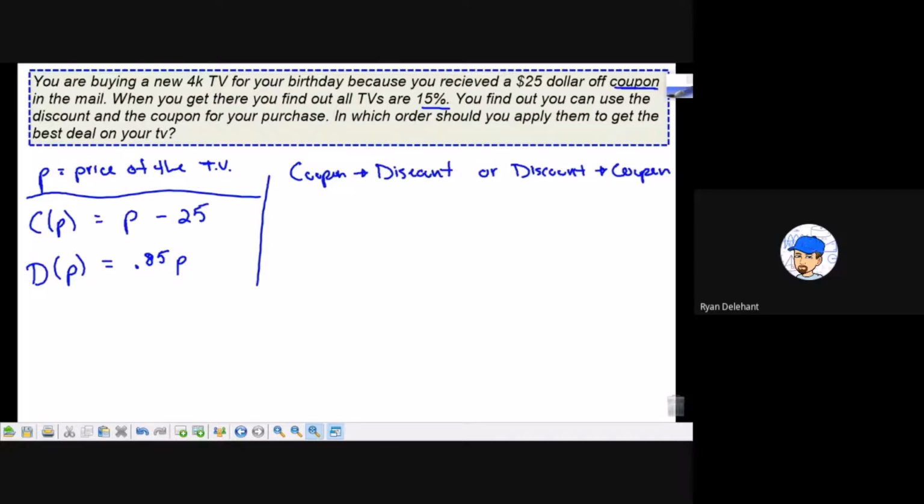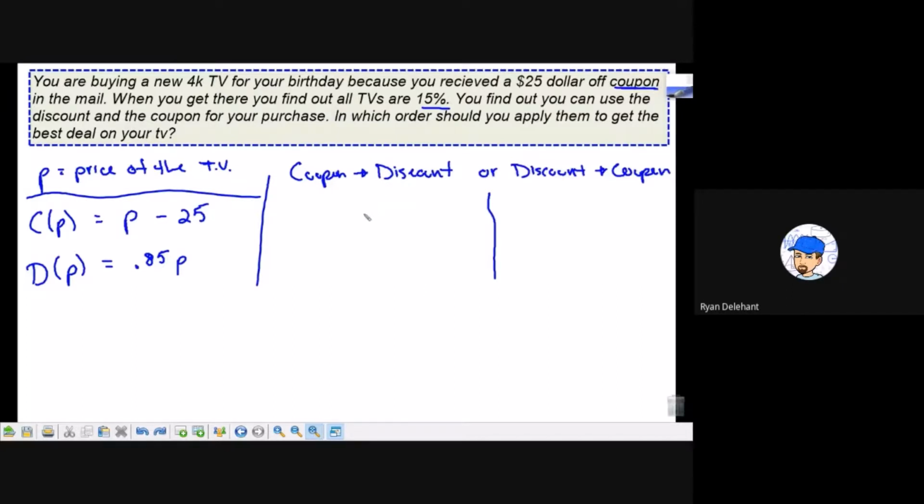Off the top of our heads, this seems really challenging, right? Because we don't know the price of the TV. So we've got to figure out, does this hold for all things? Does it work every time no matter what the price of the TV is? Or is there a certain spot where, if the TV is only $250, I want to apply the coupon and then the discount, but if the TV is over $250, we've got to figure out if that happens as well, because we want to make sure we save the most money.